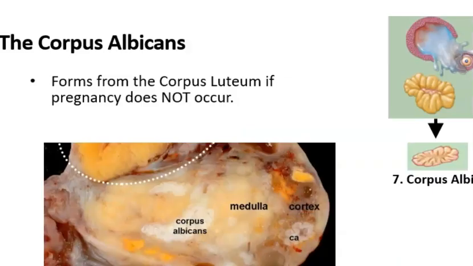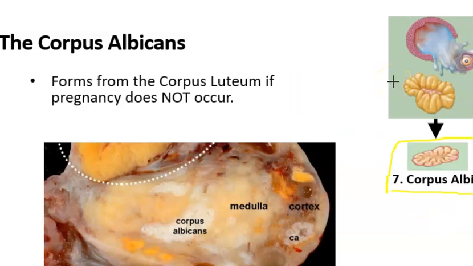Okay, let's talk about the corpus albicans. The corpus albicans is the last stage of folliculogenesis, formation of the follicle. Granted, I don't know if we can really call either the corpus luteum or the corpus albicans a follicle anymore. They're not either one holding an oocyte, but they're part of the stages of what happens to the follicle cells, so we put it with folliculogenesis.